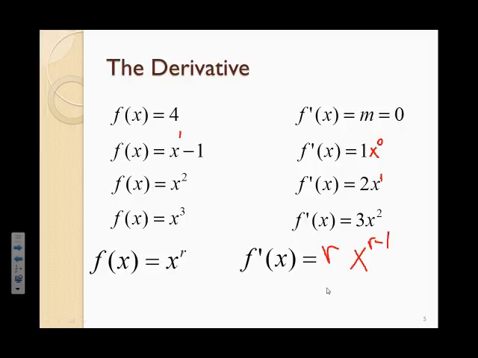So we find a little short formula just by looking at the pattern. If you take the derivative of some function, namely x to the r, the derivative is going to be equal to, you take the exponent, the power, and multiply that by x to the, and then take the number of the power and subtract 1. So it's not difficult to do. And as you can imagine, if you had to do 100 of these, would you prefer to graph 100 of them or simply use this formula and come up with 100 answers?